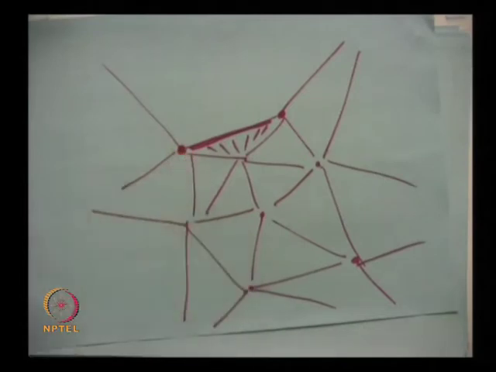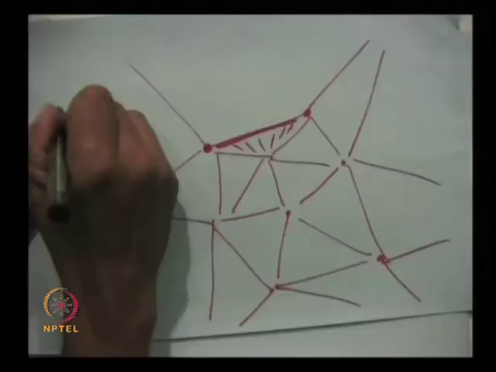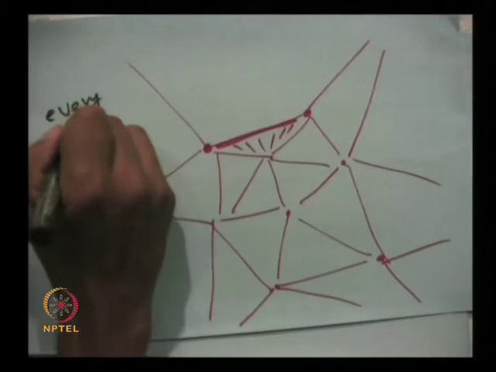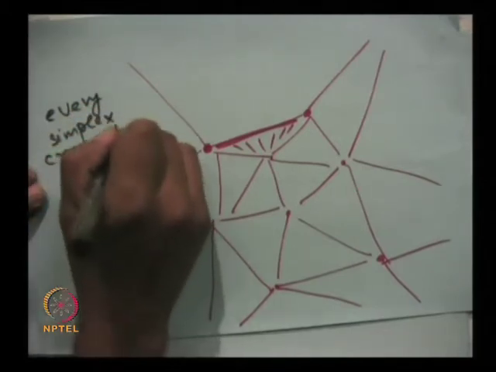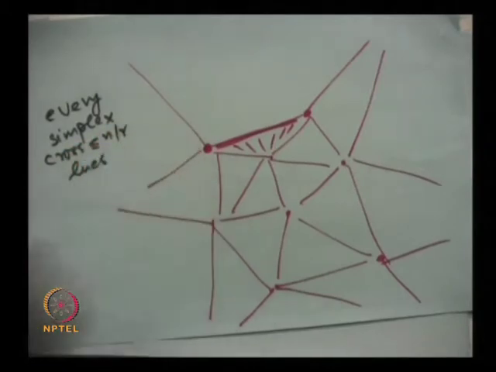So, you say that a triangulation is a cutting if every triangle, or every simplex, crosses at most n over r lines. What this means is that we say a line crosses a simplex if the line intersects the simplex, but the line does not contain the simplex.